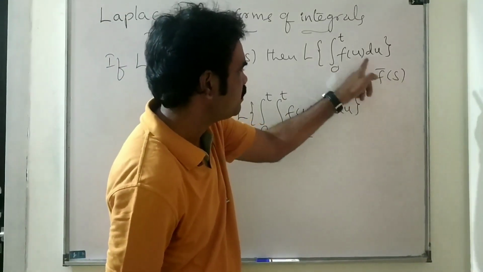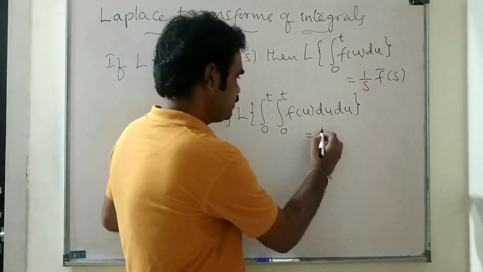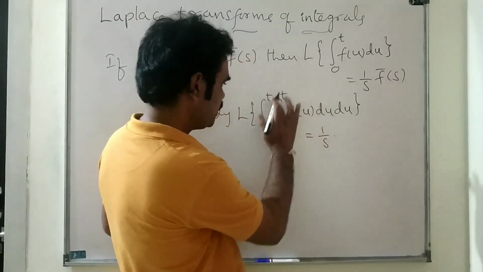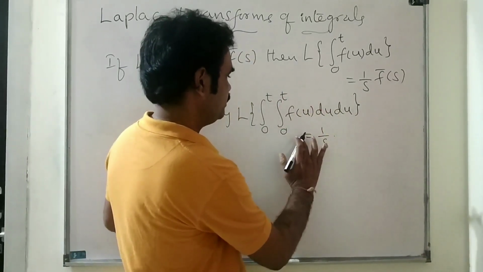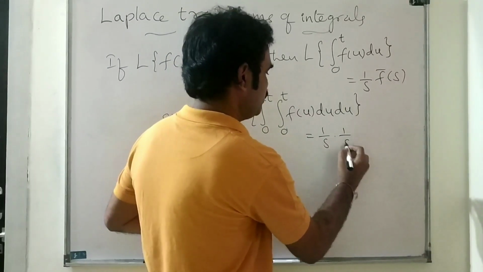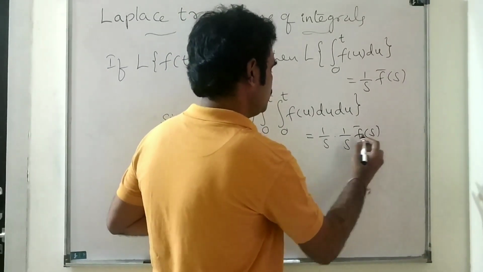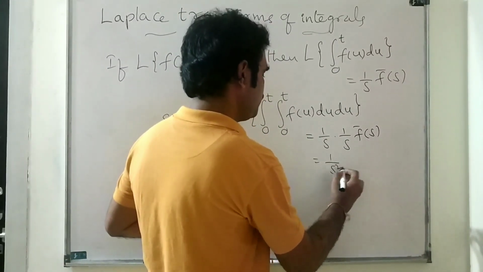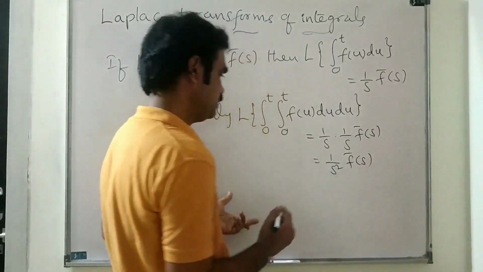Here f bar s is the Laplace transform of integrand. This is equal to 1 by s into the Laplace transform of this integrand, that is 1 by s f bar s, that is equal to 1 by s square f bar s.